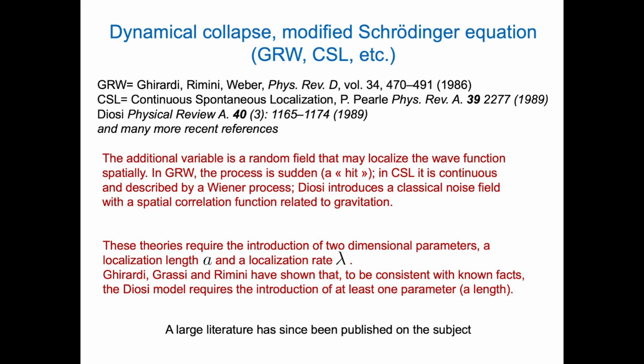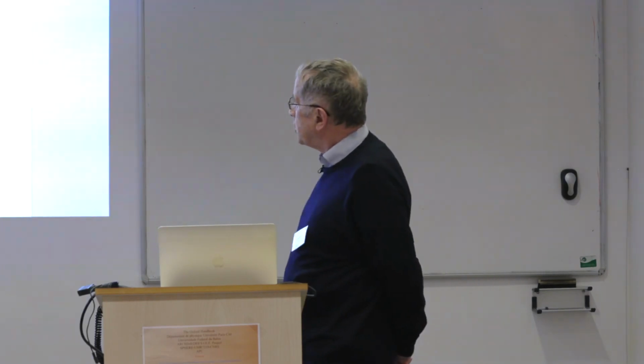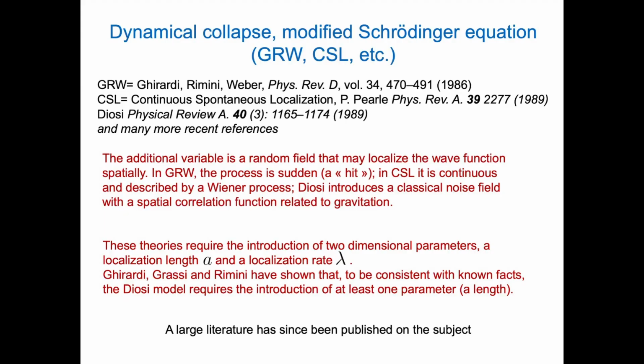Anyway, the additional variable in this case is a random field that localizes wave functions spatially. In GRW, the process is sudden. It's a hit that suddenly projects a wave function. In CSL, it is continuous and described by the Wiener process. Diósi introduces the classical noise field with a spatial resolution related to gravitation.